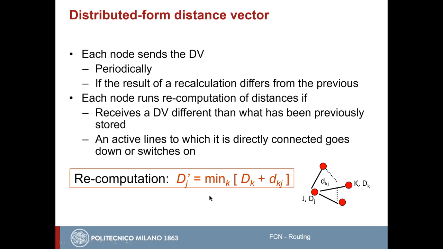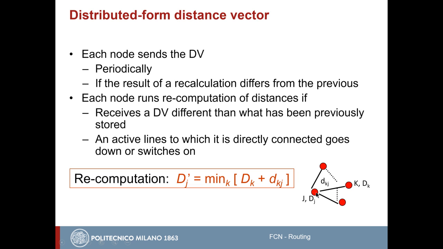recomputed. The recomputation is again similar to what we have seen in case of the Bellman-Ford algorithm, but you have to consider that here we only consider the neighbors, so all the nodes that have infinite distance with this node here don't have an impact.